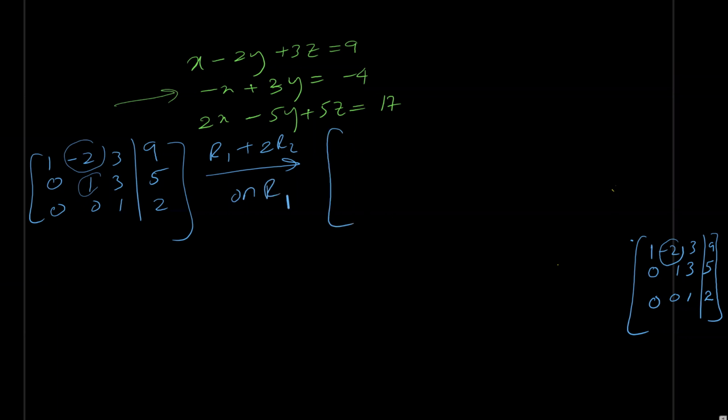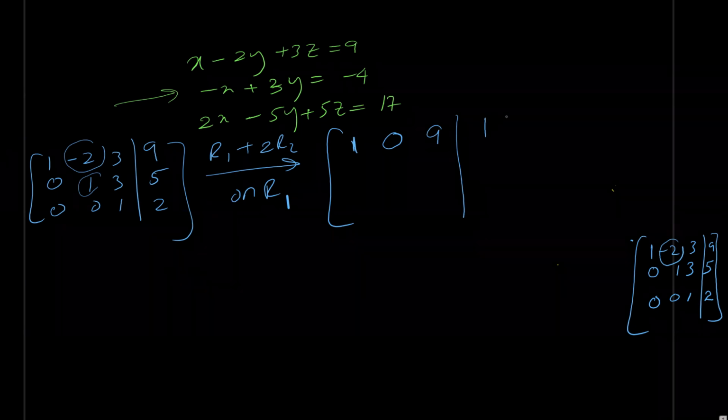If I do that, I'm going to replace R1 by 1 plus twice 0, it's still 1. Negative 2 plus twice 1, so negative 2 plus 2, that's 0. 3 plus twice 3, 6. So 9. And 9 plus twice 5, 10.